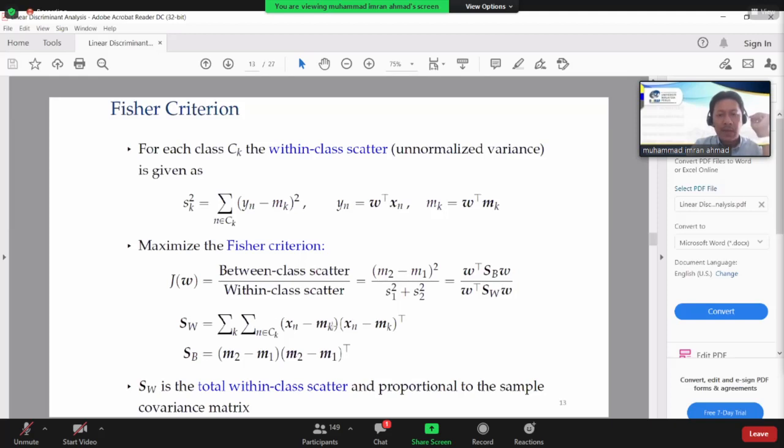SB and SW are given by these formulas. SW is given by this: our original data X minus your mean, times the transpose of X minus mean. And between class scatter is this: the mean of class number 2 minus the mean of class number 1, multiplied by its transpose.